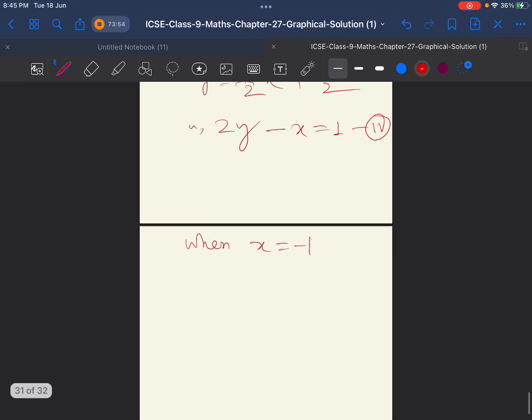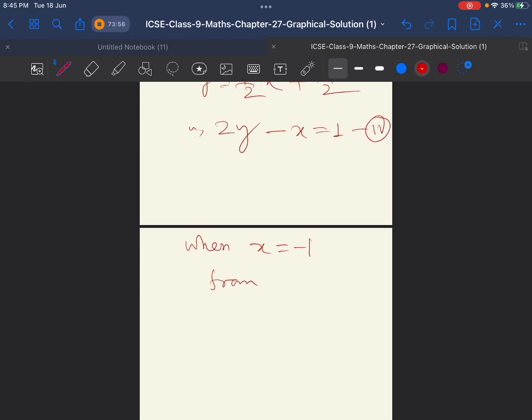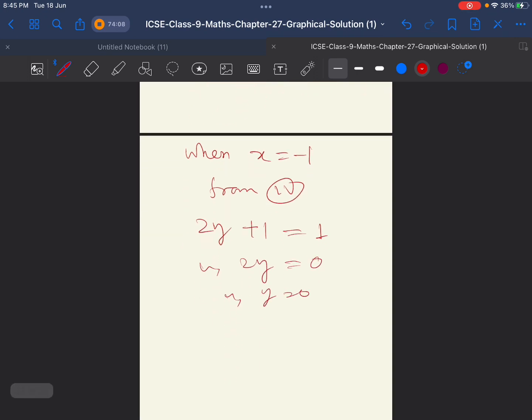Now we have to find the value of a, b and c. When x equals minus 1, then from the equation 4, 2y plus 1 equals 1, or 2y equals 0, or y equals 0.